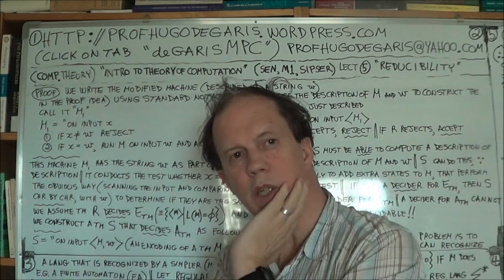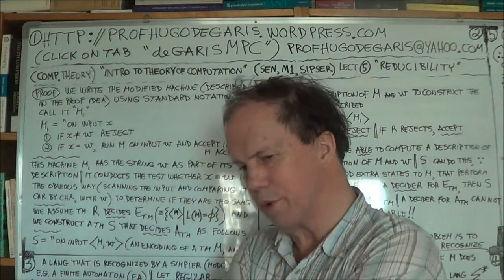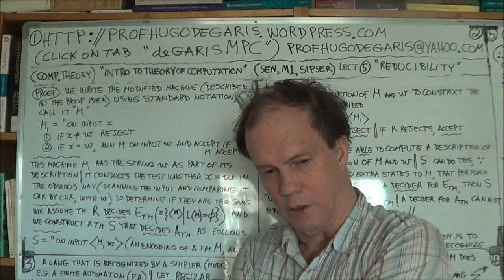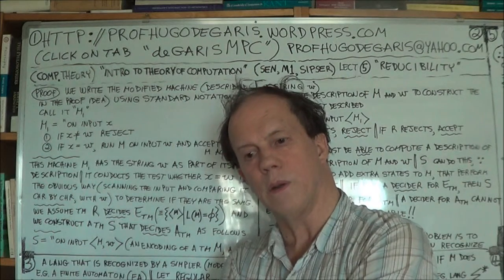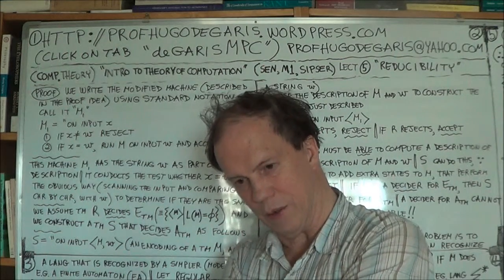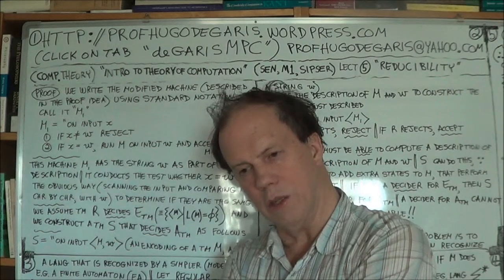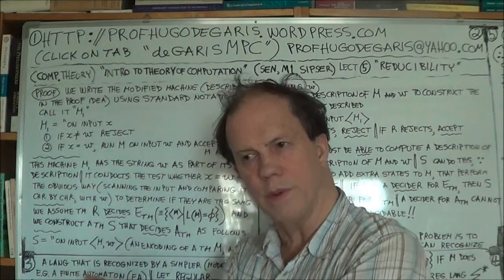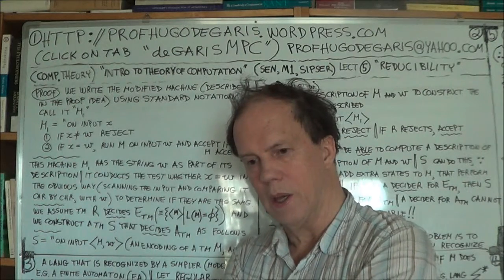So, proof by contradiction. So, prove the opposite. Assume the opposite of what we're trying to prove, and what we're trying to prove is that ETM is undecidable. So the opposite of that is that it is decidable. So if it's decidable, that means there's some Turing machine that decides it. So call it R, big R. And then we'll construct another, bigger Turing machine, call it S. And it will use R as a component.